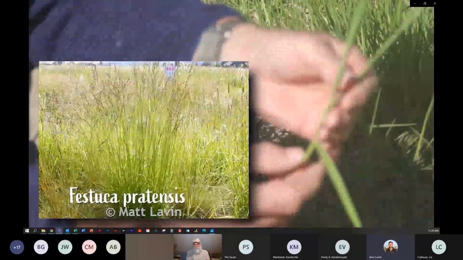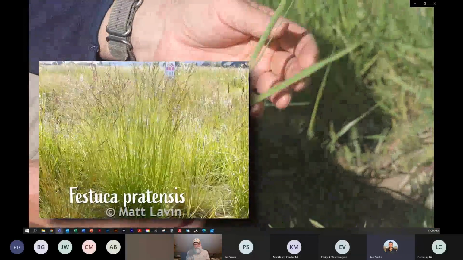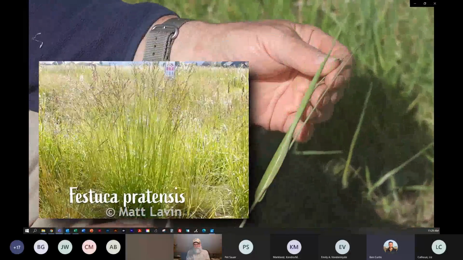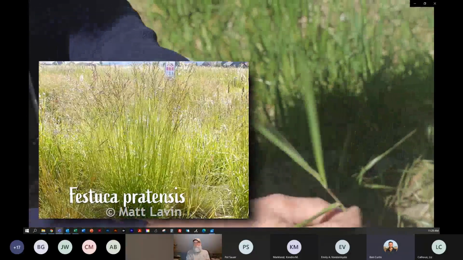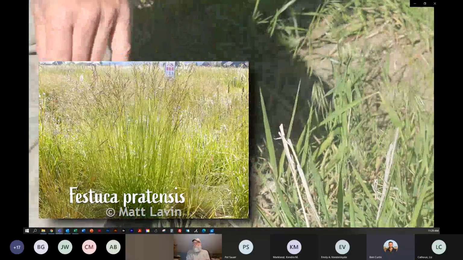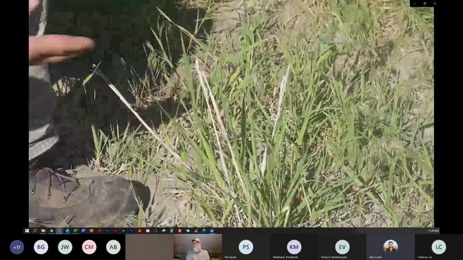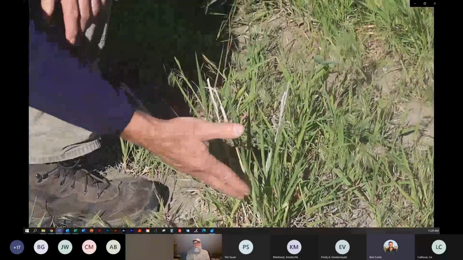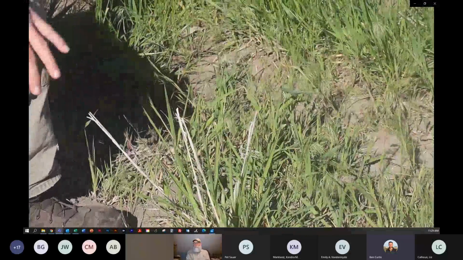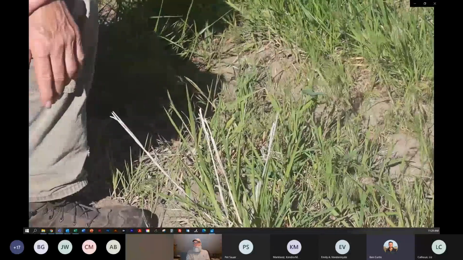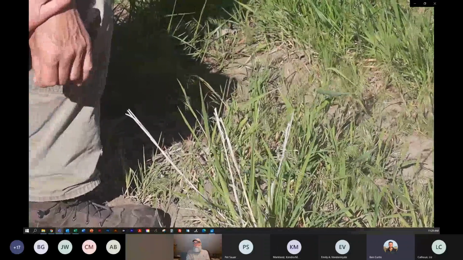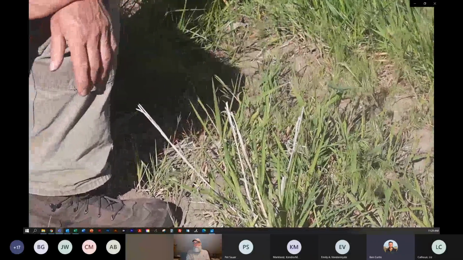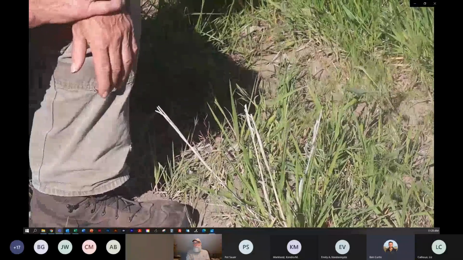That would suggest that it's meadow fescue, which is Festuca pratensis. Again, a common forage grass used in cool season pastures, both meadow fescue, this one, and another species of fescue, tall fescue, Festuca arundinacea. They're both likely out here, serving as one of the main forage grasses.